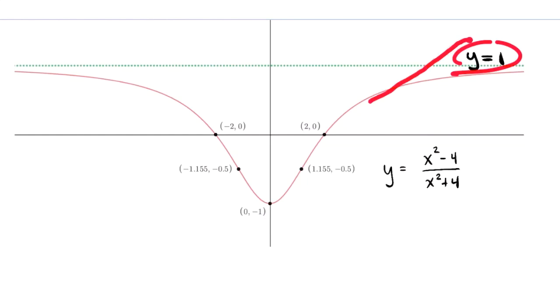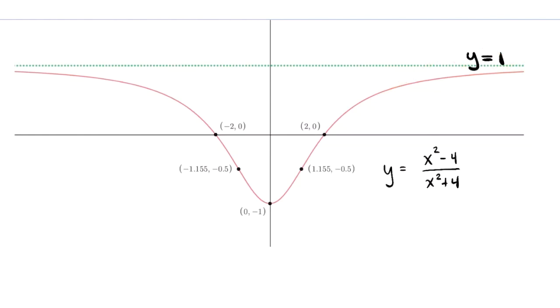Well, to approach the line, it would have to turn around. It would have to start decreasing. And we know that the function never decreases over there. So this picture is telling us that this is what it looks like indefinitely. The further and further you go out, the smaller and smaller this gap would be, but the picture is going to look like that. We're not missing any key information.